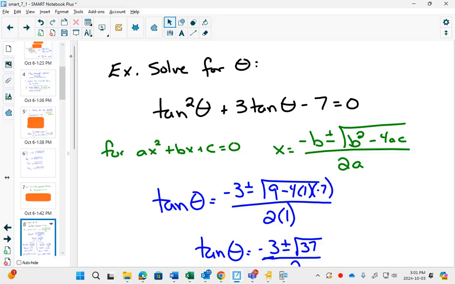Usually they'll say either find the general solution, or they'll say between 0 and 2 pi, or they'll say theta belongs to the real numbers. They'll usually say that. In fact, they will now. But if nothing is said, and you're asked to solve something, do you think they want just one answer? Or do you think they want all the answers? They probably want all the answers.